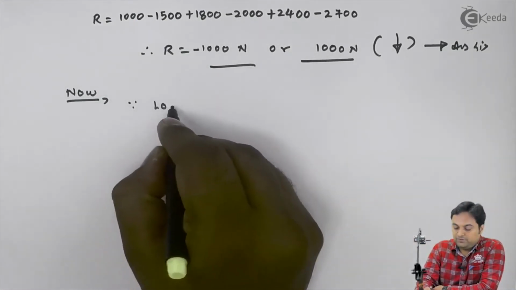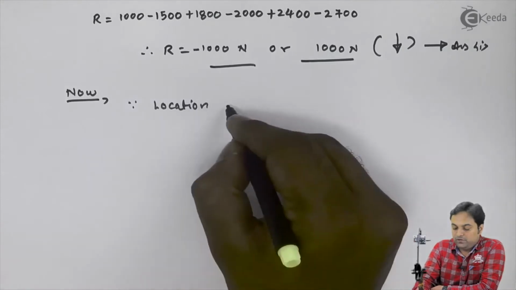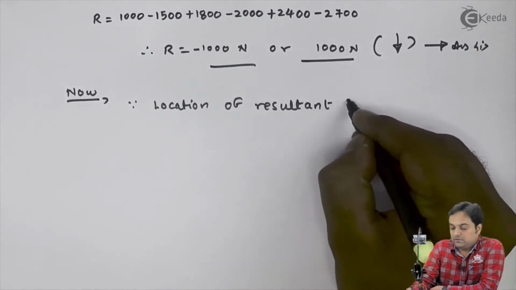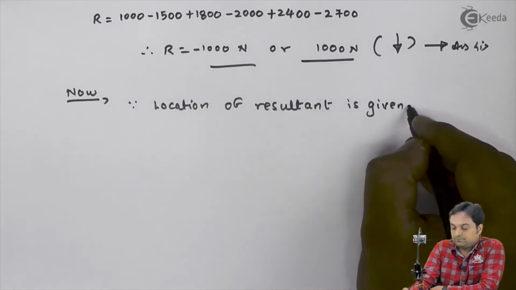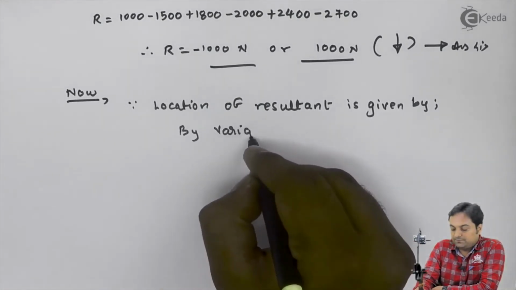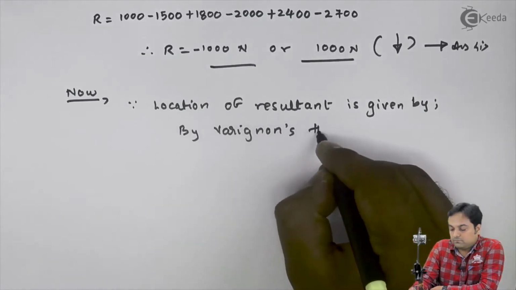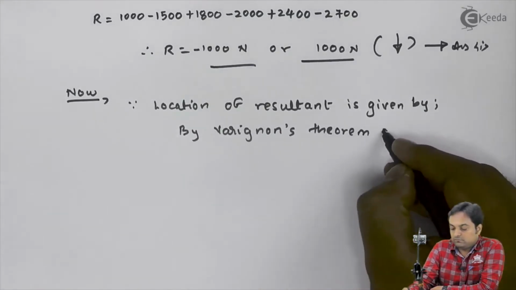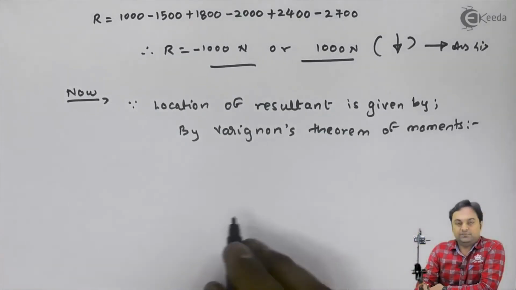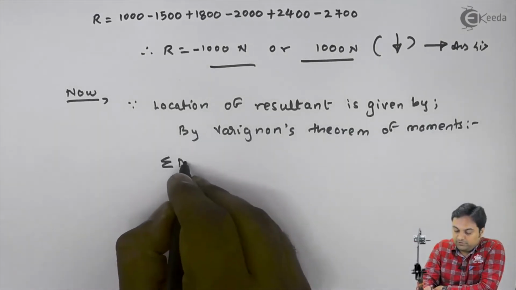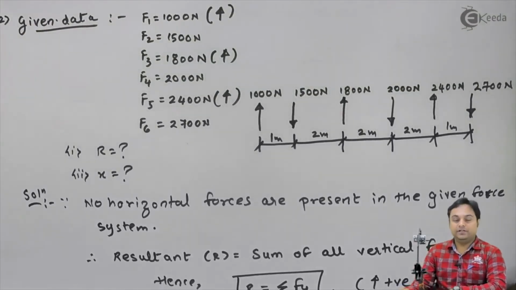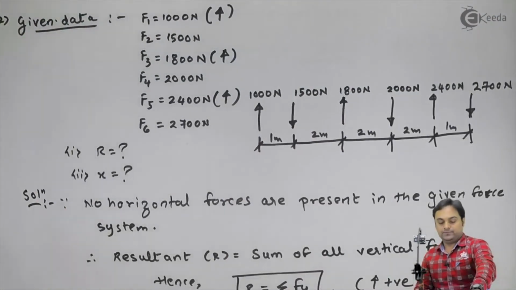So since location of resultant is given by Varignon's theorem of moments, this theorem states that the sum of moments of all forces about any particular point, I will be locating my resultant with respect to 1000 Newton force.